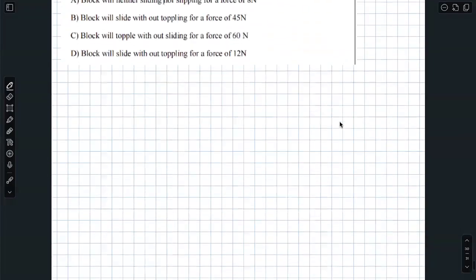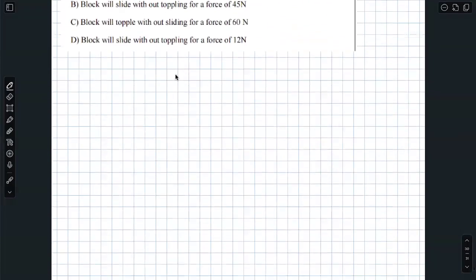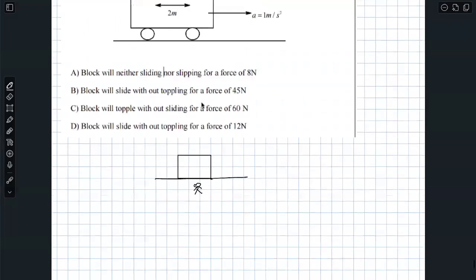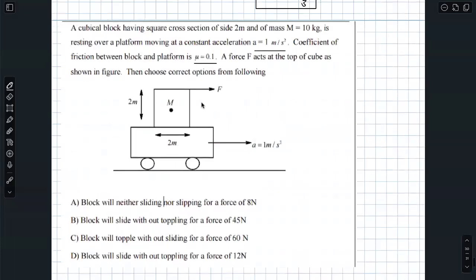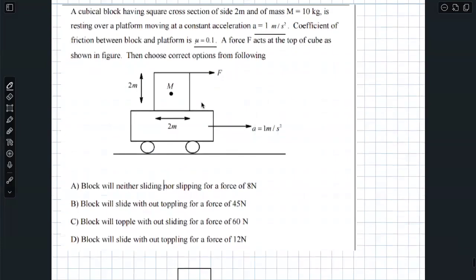Let me work it out. Now see, my point is very clear. You said you are studying this in the ground frame. You said mass is 10 kg, if I'm not mistaken.